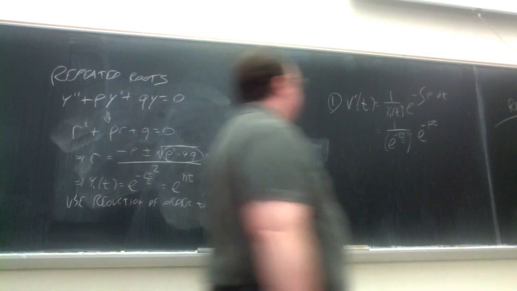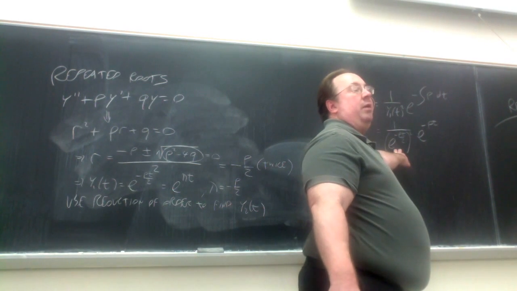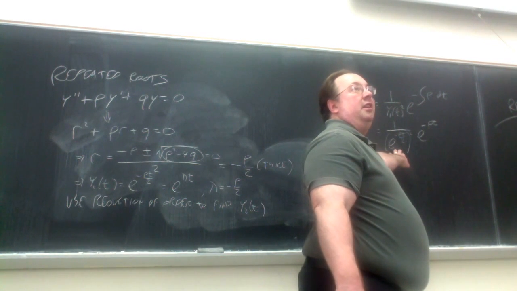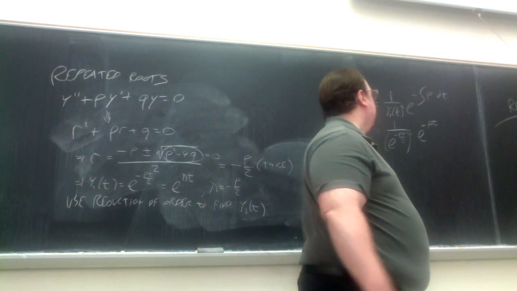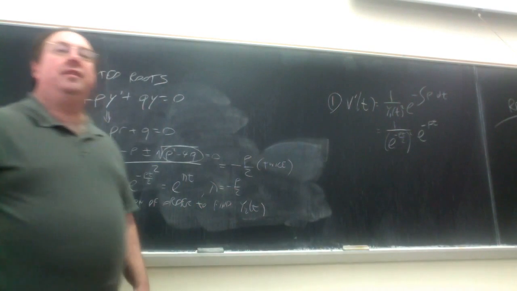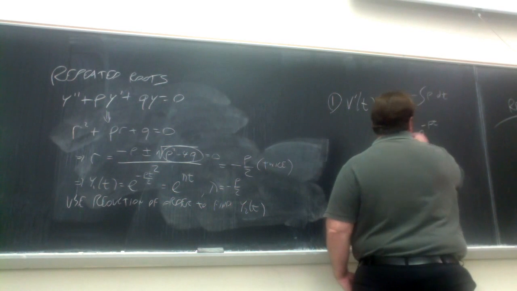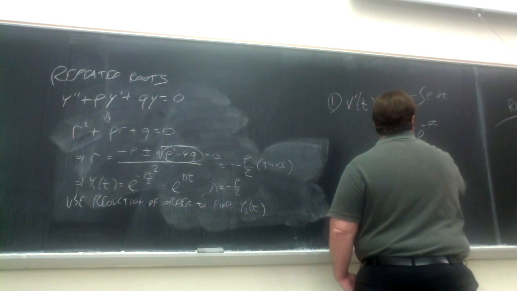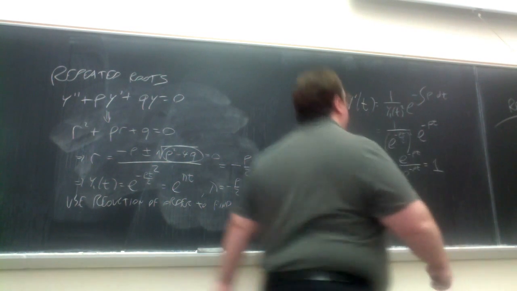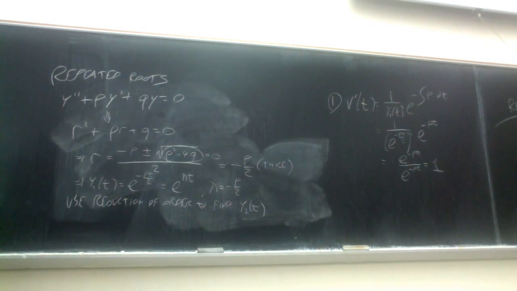So what happens when I perform the squaring here? What am I going to get? Yeah, by the laws of exponents, when squaring, the exponents multiply. So I have e to the minus pt up top, and now I also have e to the minus pt down below. So our v prime turns out to be 1.